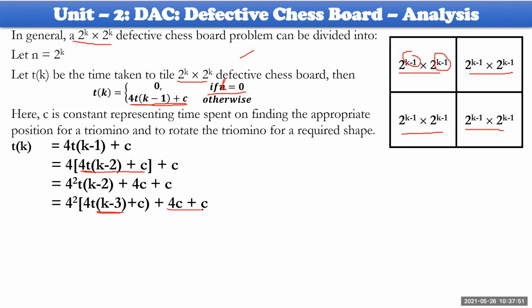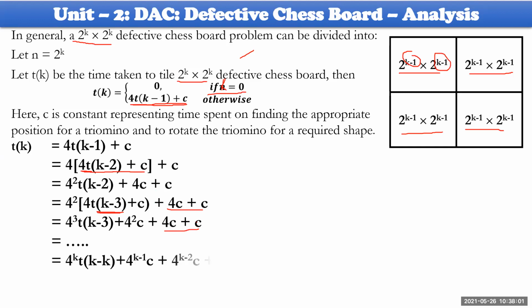That will be 4 cube into t of k minus 3 plus 4 square c plus 4c plus c. If you continue this for k iterations, then it is 4 power k into t of k minus k, and k minus k will be equal to 0. So therefore, 4 power k into t of 0 plus 4 power k minus 1 into c, 4 power k minus 2 into c, and so on.